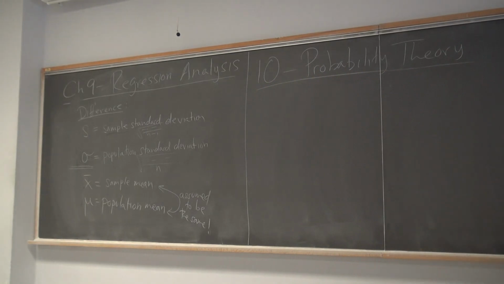Probability and statistics go hand in hand. A lot of the times you need probability to help you out with statistics, so it's worth studying in its own right because statistics is useful and probability helps you do it. So, let's see.